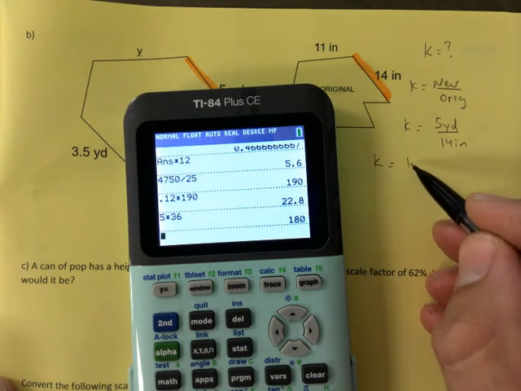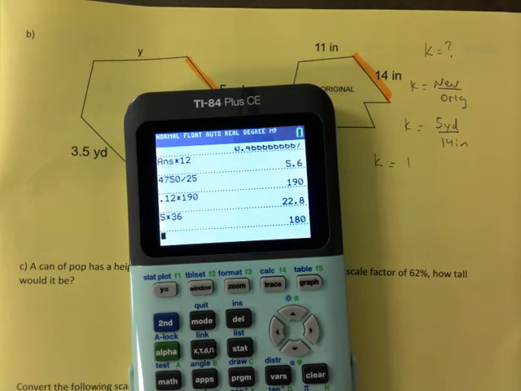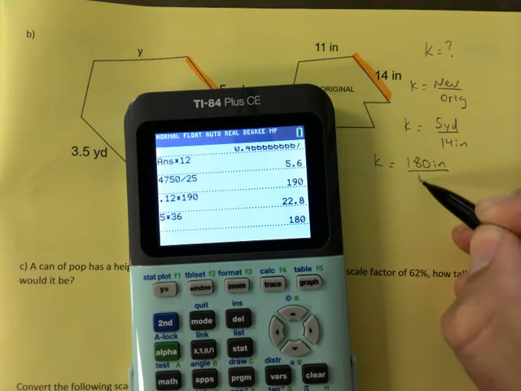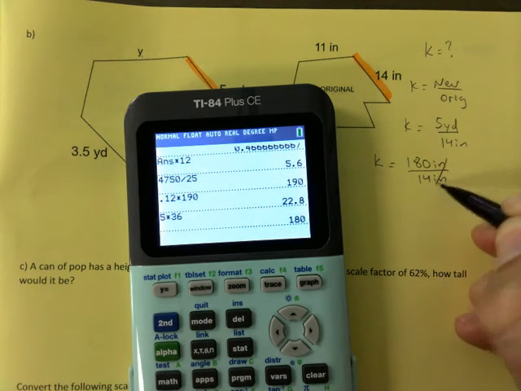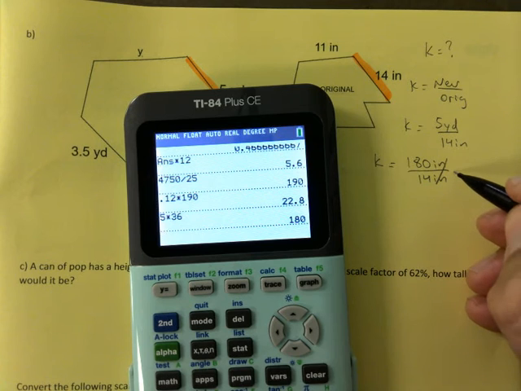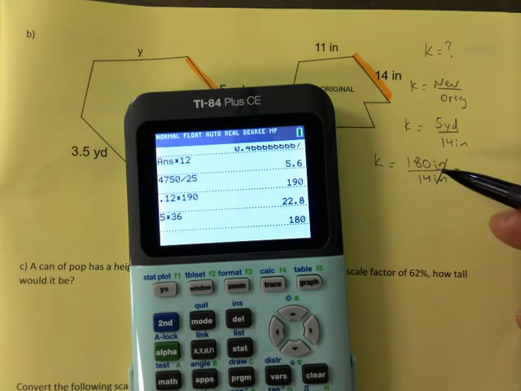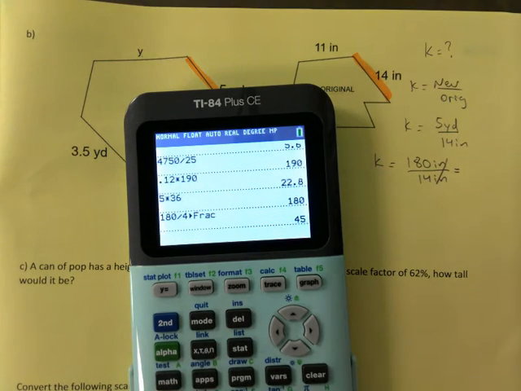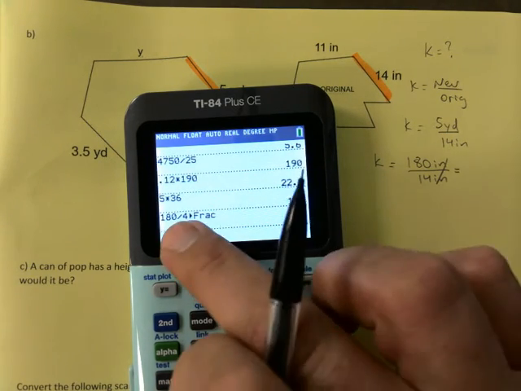That's 180, 36 inches, right? I told you, yeah. So that's 180 inches over 14 inches. And at that point, you can cancel. I see that they're both even, so chances are that you're going to be able to simplify that. Oh, it's 4. I did 4, not 14.